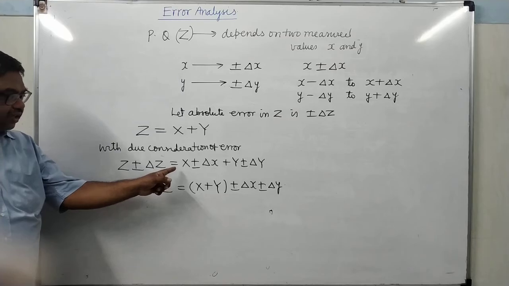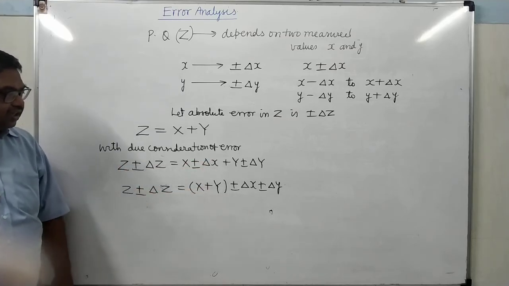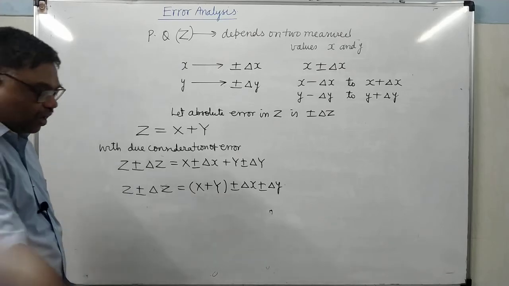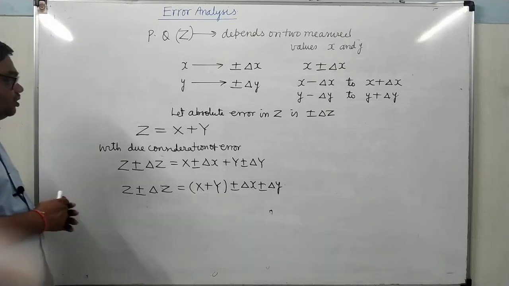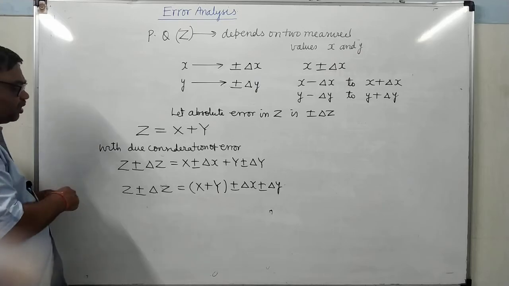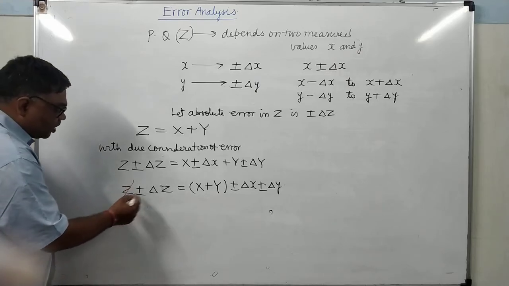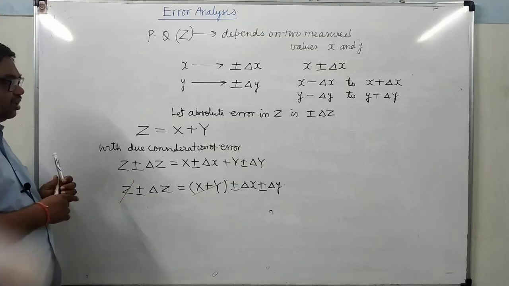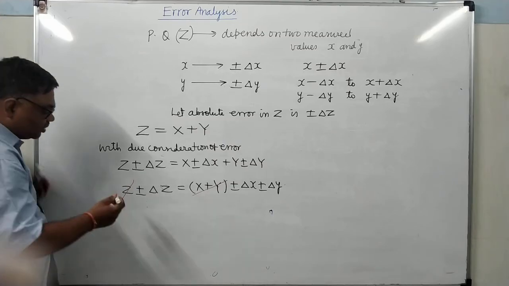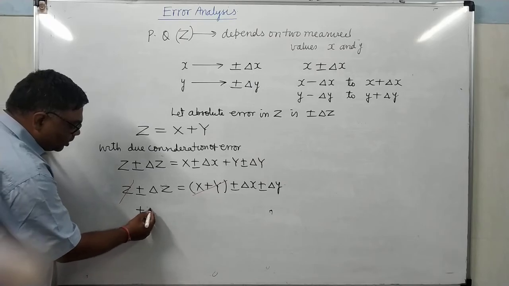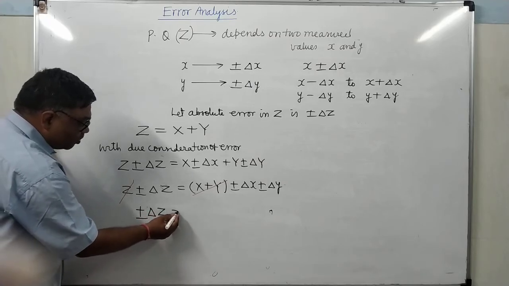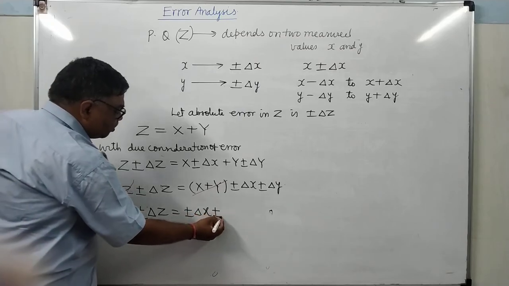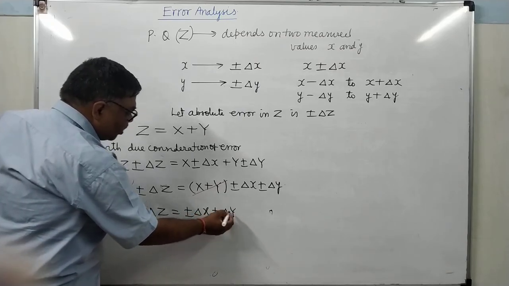Now rearrange the terms: x plus y is written here, then plus minus delta x plus minus delta y. Now as you know that z equals x plus y, this will be cancelled here. These two will be cancelled. So what will be the absolute error in z? The absolute error in z is plus minus delta z equals plus minus delta x plus minus delta y.